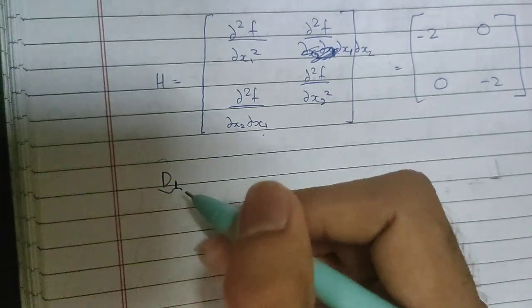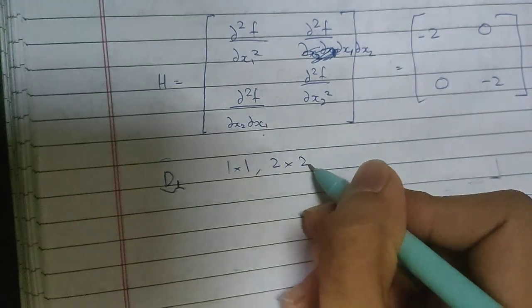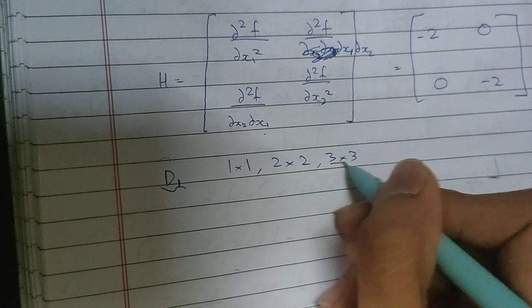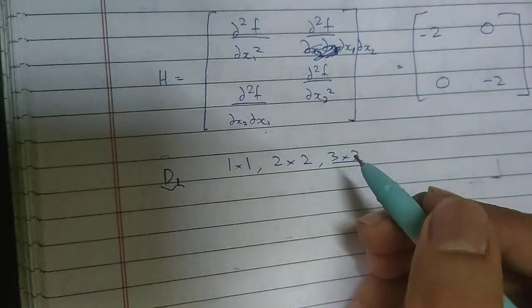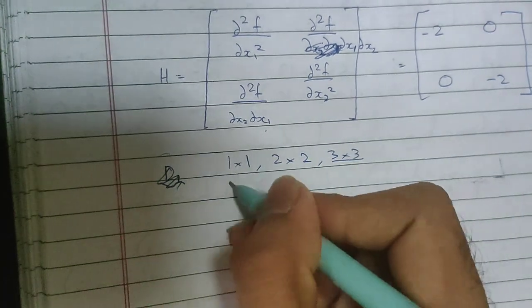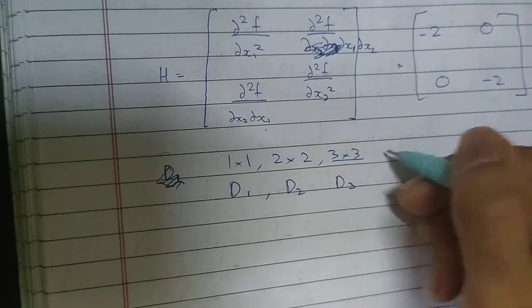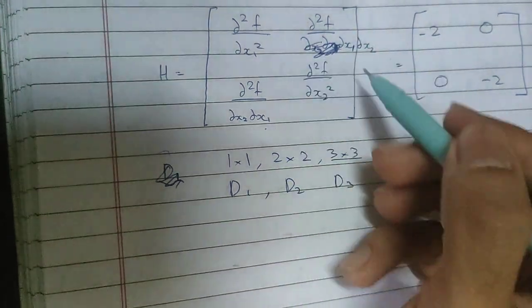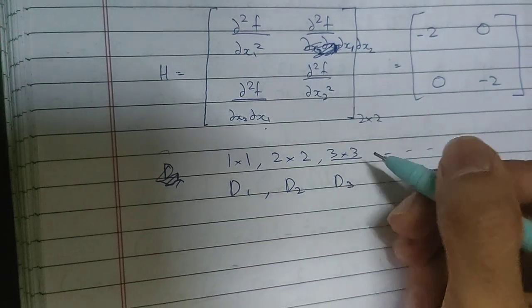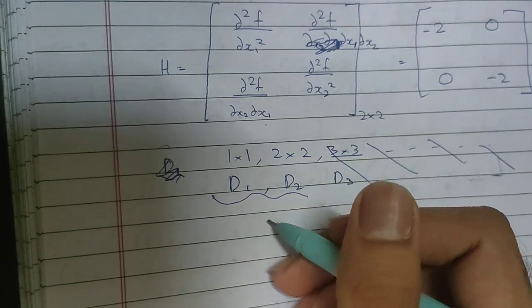Principal minors basically means 1 cross 1, 2 cross 2, 3 cross 3, like basically the entire matrix, rows and columns, kind of. I'll show you. So 1 cross 1 means D1, 2 cross 2 means D2, 3 cross 3 means D3, and so on. But if you look, we only have a 2 cross 2 matrix, so we are not concerned with these. Over here we are only concerned with these two.